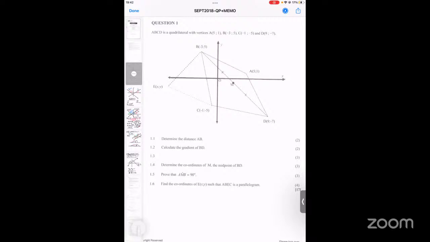I'm going to add a question there. Determine the coordinates of M being the midpoint of BD. Okay, I'm going to add again there and do these.